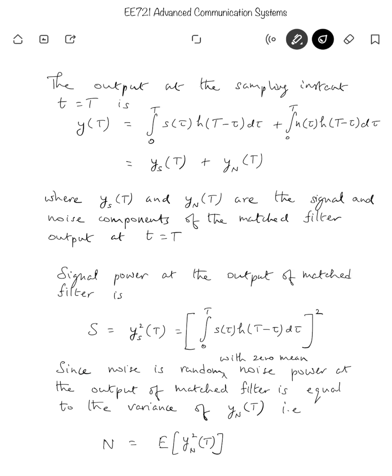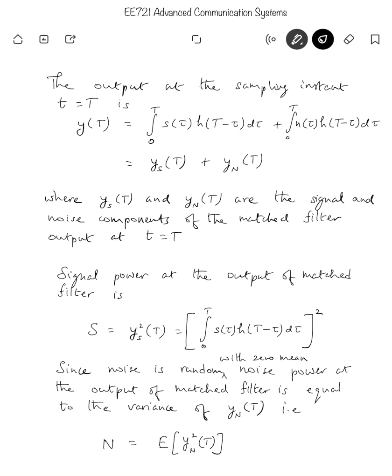And that is what we are interested in. We want to have the signal to noise ratio as high as possible, and the matched filter as an inherent property indeed maximizes the signal to noise ratio at its output. Okay, and that is what we are going to prove now.